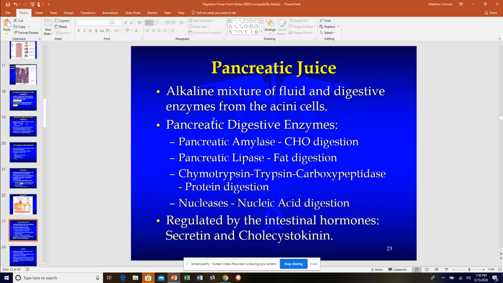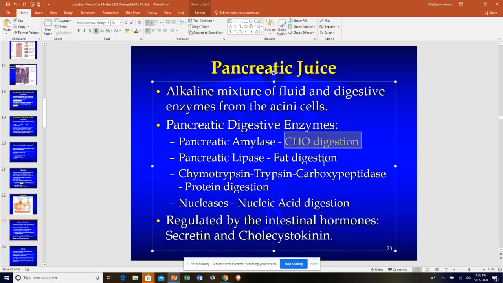So the pancreatic juice is okay at digesting carbohydrates. It's okay at digesting fats. It even breaks down some other materials here, but what it's really, really good at is protein digestion. In fact, the pancreas is so good at breaking down proteins, it can be dangerous.